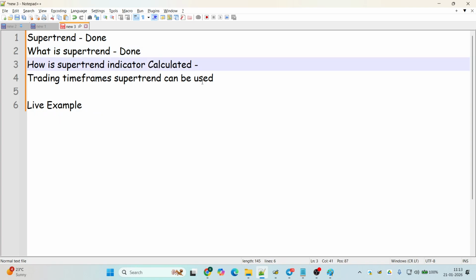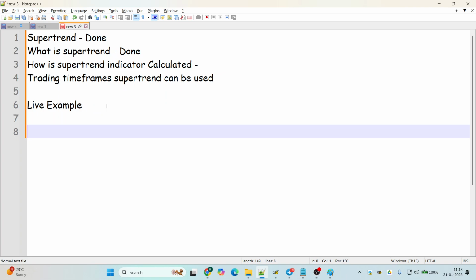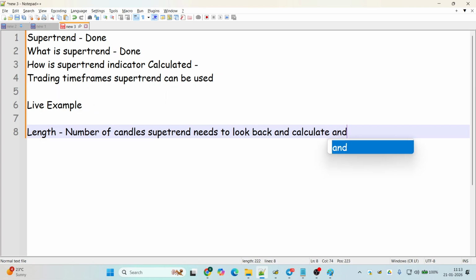And how is the super trend calculated? Okay, so guys, super trend basically has two things. One is called the length, which means the number of candles super trend needs to look back and calculate and plot the graph.